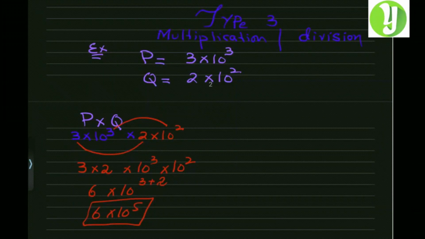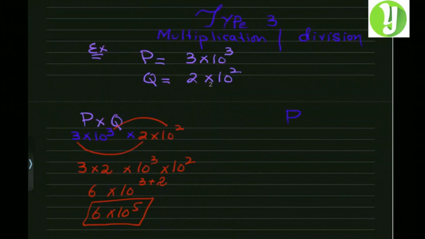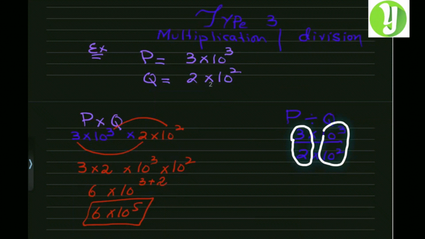Okay, and the next one is if I perform division. So it's the same as multiplication. If p divided by q, first we write the value of p, 3 times 10 power of 3, divided by 2 times 10 power of 2. So now in that case, number divided by number and the base of 10 divided by the base of 10. So we can use the law of indices over there.